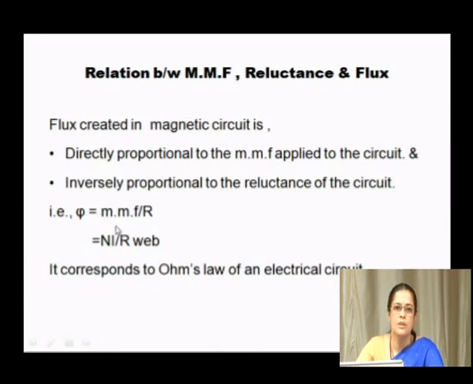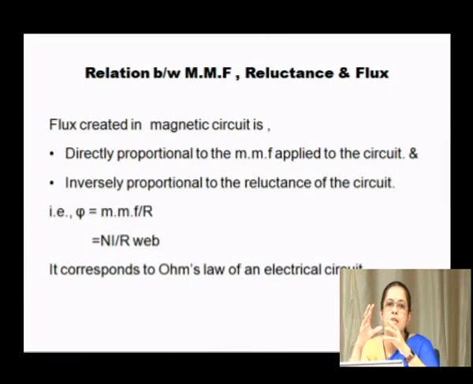M.M.F we know can be represented as Ni by R, where N is the number of turns of the coil, I is the current flowing through the coil, and the product of N into I gives the magnetomotive force. It is the force responsible for the creation of flux in a magnetic material, and R is reluctance, the property of the material by virtue of which it opposes the creation of flux in it.